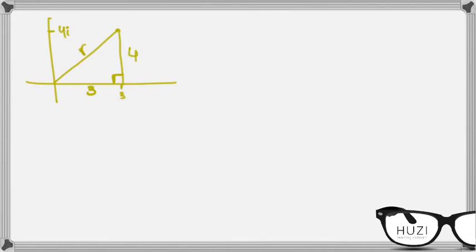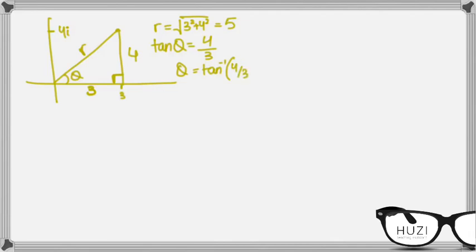By simply using Pythagoras theorem, the modulus is root of 3 squared plus 4 squared, which gives me root 25, that is 5. And for the argument, to calculate theta I can use tan. So tan theta equals opposite upon adjacent, so 4 upon 3. So theta equals tan inverse of 4 upon 3.